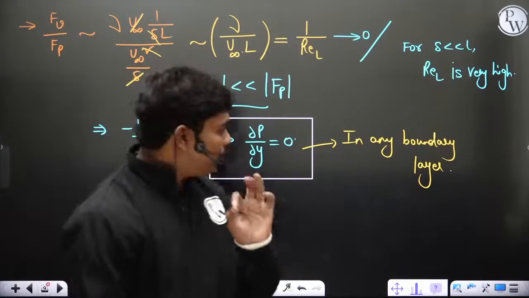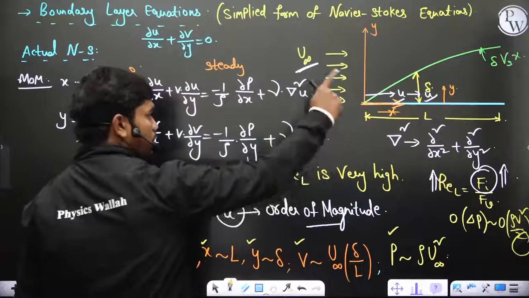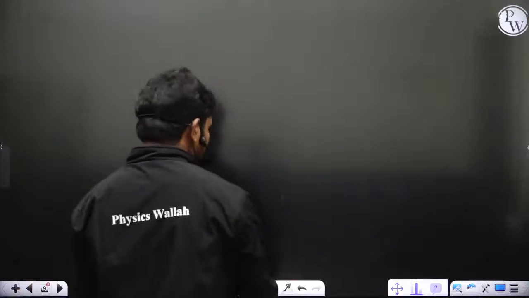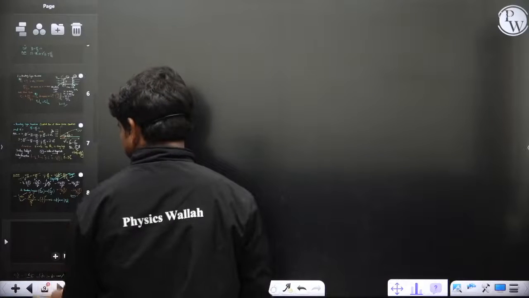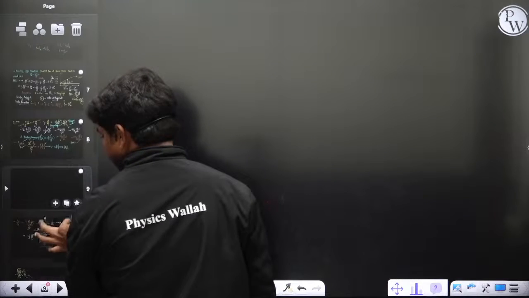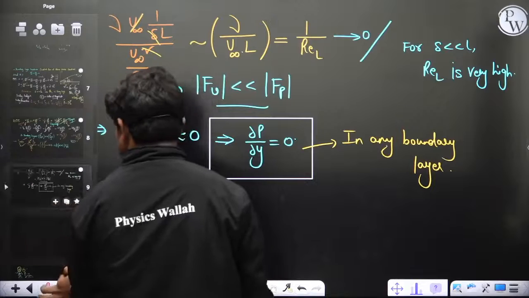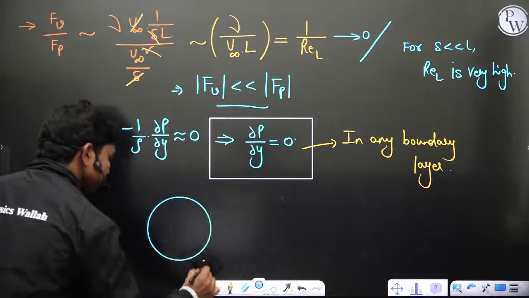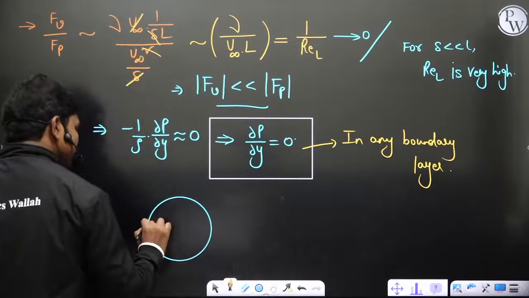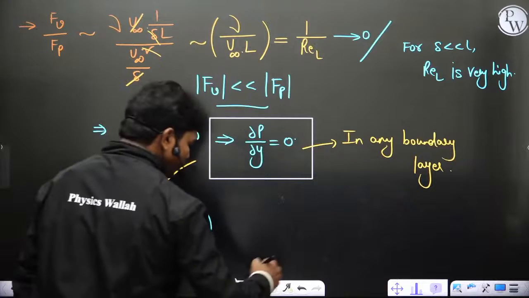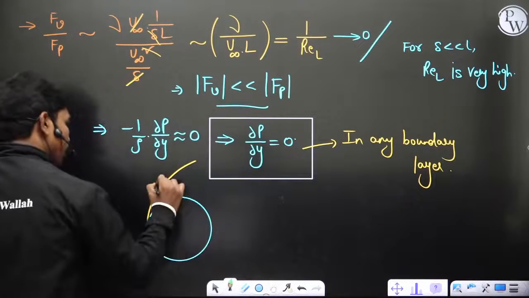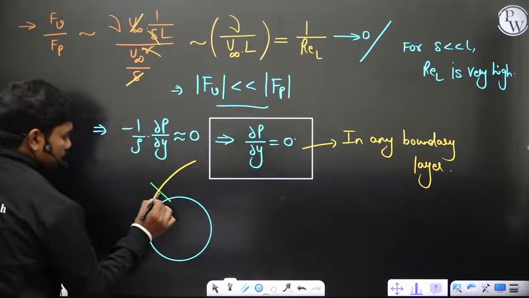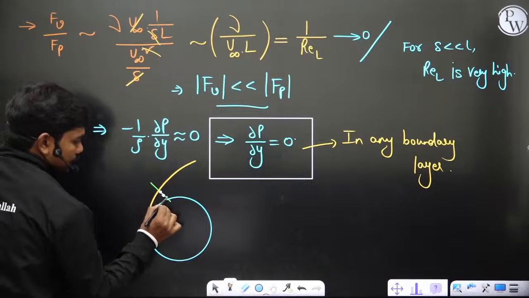That means if you take a boundary layer like this, not only on flat plate, on anything. For example, if you say sphere, okay. Let us suppose you are interested in a bit of sphere. Just a minute, guys. I think I have skipped the page. Yeah, here. So you can see, if you have a sphere like this, and let's suppose some boundary layer is getting developed, if you draw a velocity profile at this point, or if you take any cross stream section, then at this section the pressure at all these points is same.